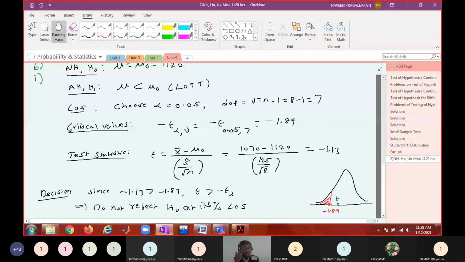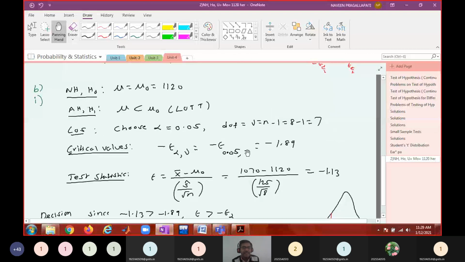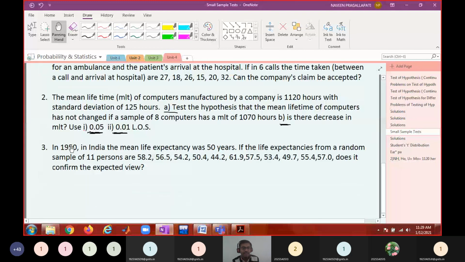In a similar way, you test this hypothesis for the 5% level of significance and for the 1% level of significance. So two more things are pending. The next problem also I shall share with you on WhatsApp. You try to do this problem.